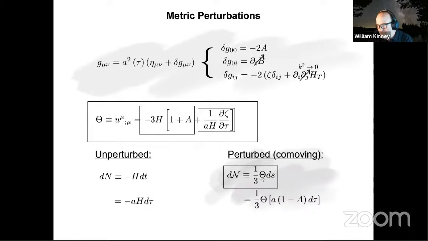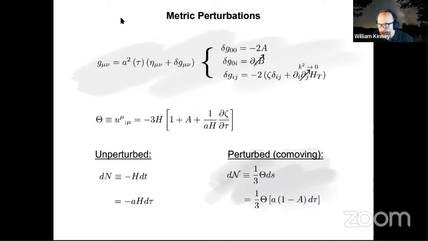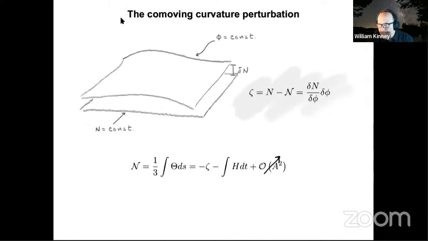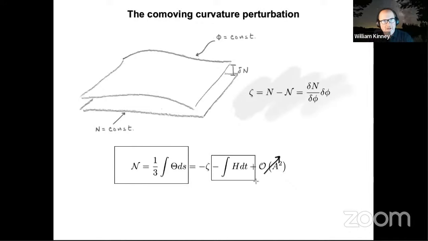That surface term is now on the outside of this thing, and using that surface term, I can calculate it by taking the difference between this integral and the unperturbed background. And then I can rewrite that in terms of field fluctuations by just taking the derivative of this number of e-folds with respect to the field fluctuations times field fluctuations, and that gives me the co-moving curvature perturbation.